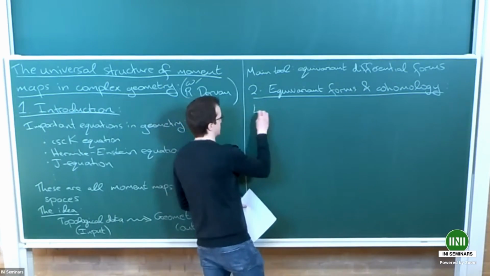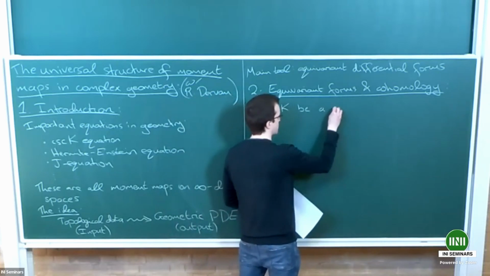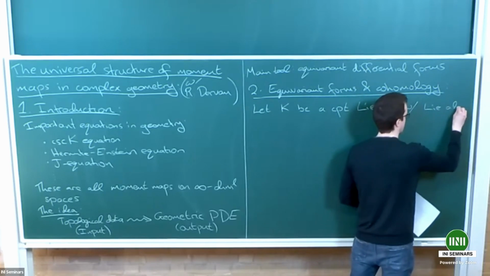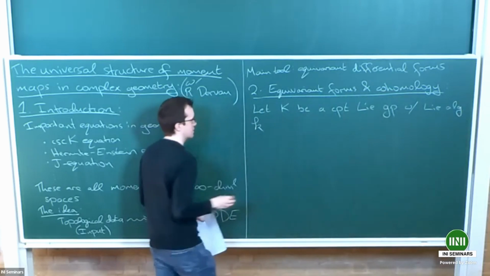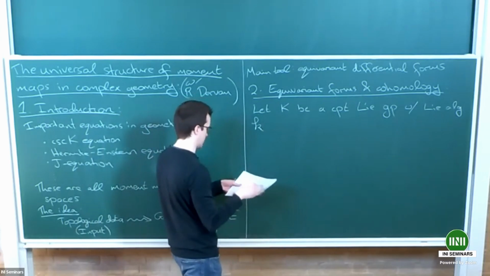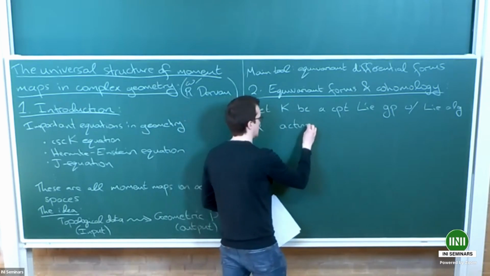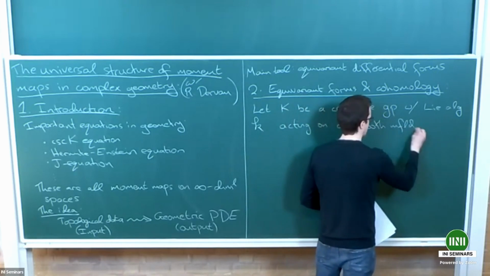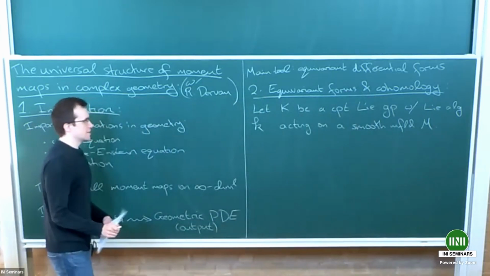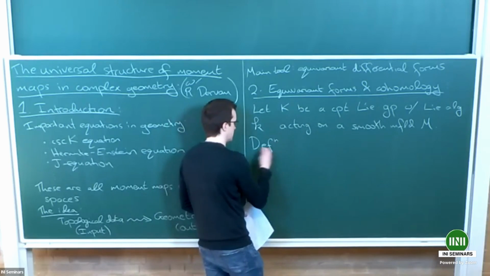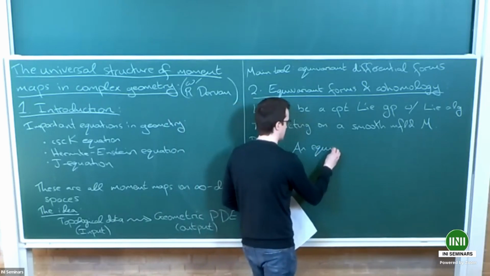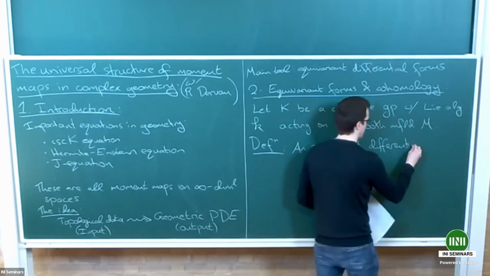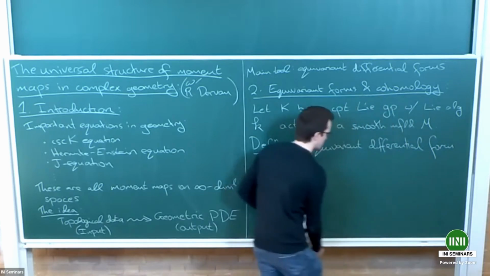So in this section, we'll let K be a compact Lie group with Lie algebra k, and we want this to act on a smooth manifold M. And in this situation, we define an equivariant differential form to be the following.